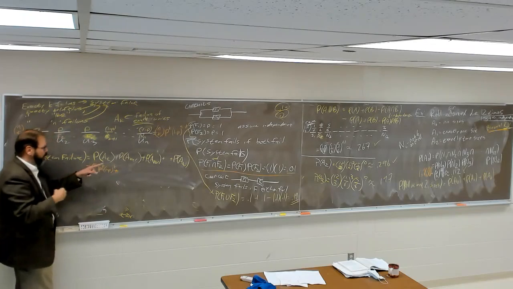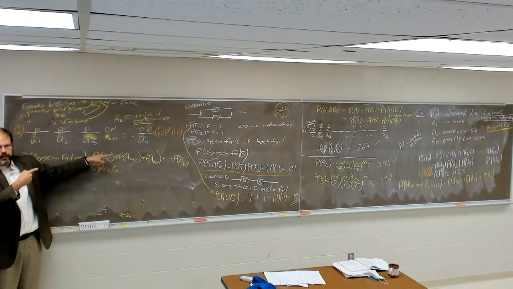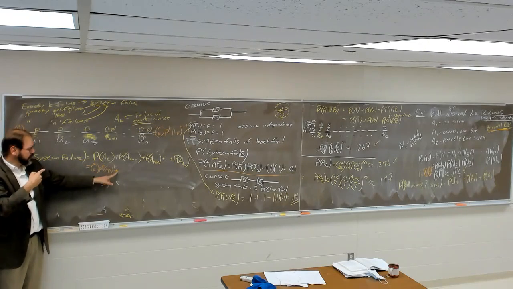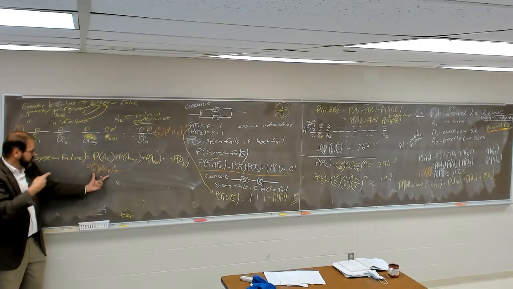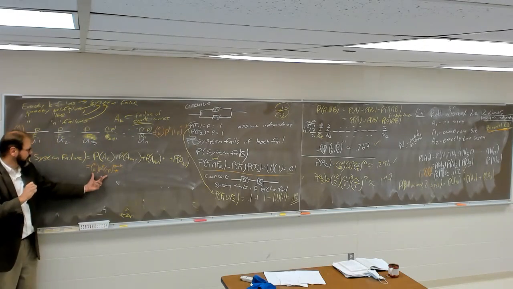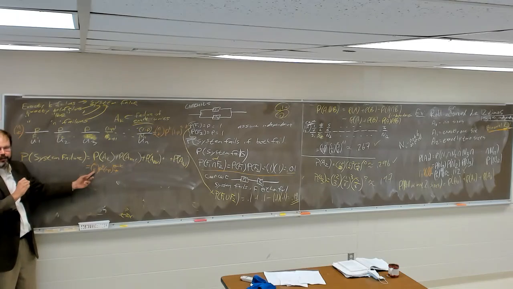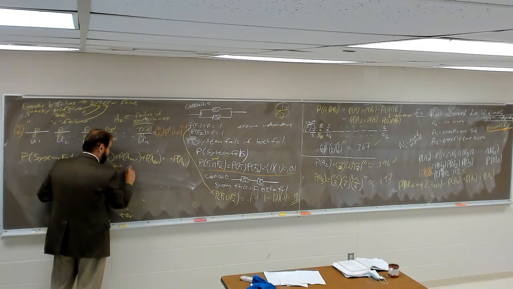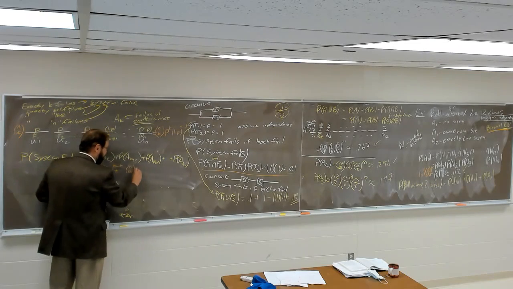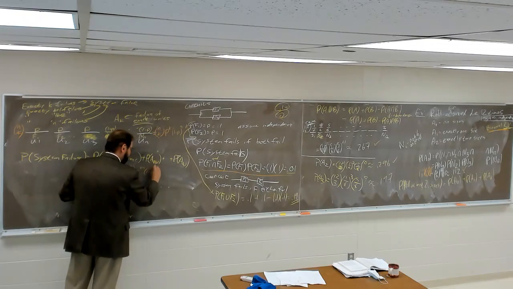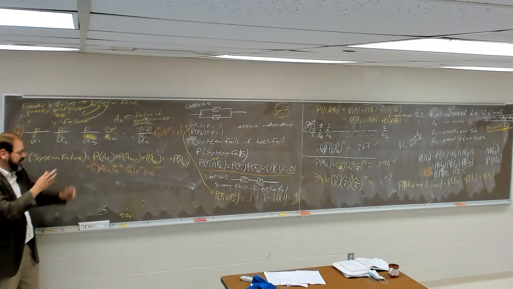What's the probability that we have exactly k plus 1 failures? What do you think is going to change in all of this for k plus 1 failures? Well, instead of having a k here, I'm going to have a k plus 1. So it would look something like n choose k plus 1, p to the k plus 1, (1 minus p) to the n minus k minus 1, or n minus quantity k plus 1.